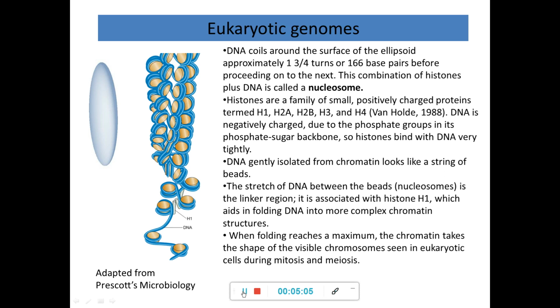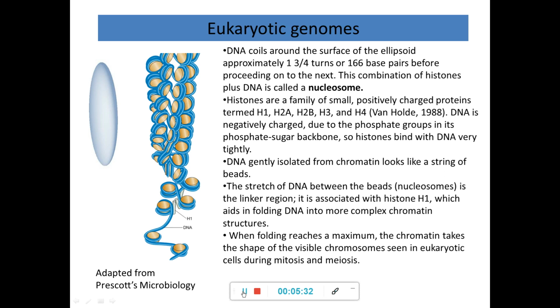In this nucleosome bead structure, the DNA coils around the histones in an ellipsoid fashion. Approximately 1 and 3/4 turns, or 166 base pairs, are wound on the histone proteins before it proceeds to the next one.